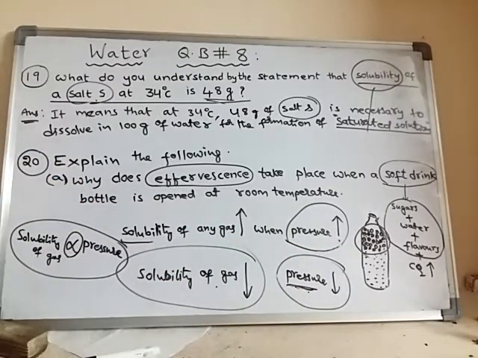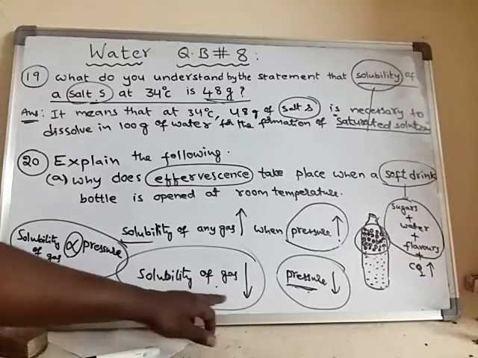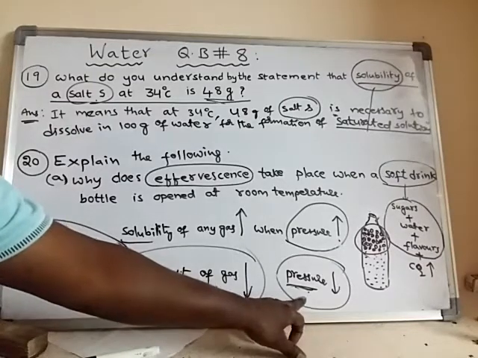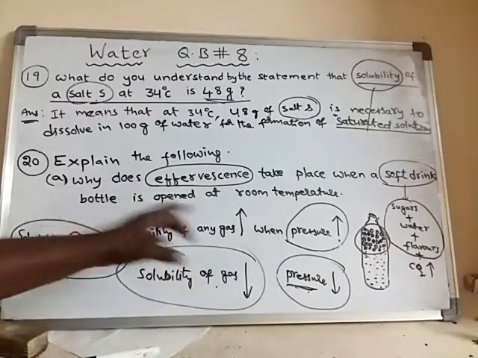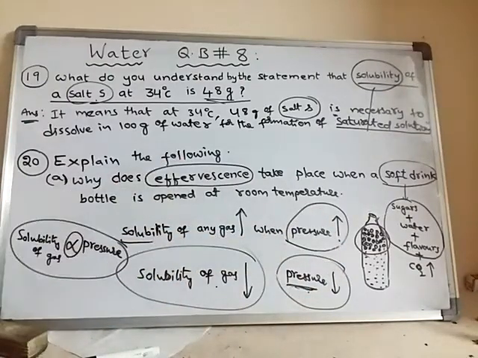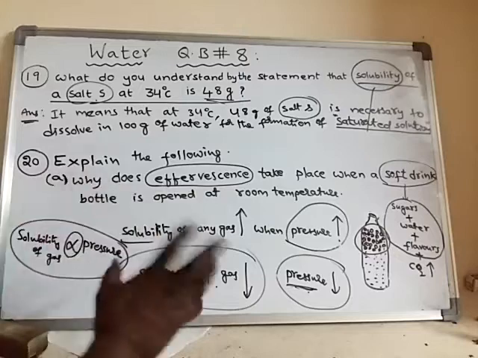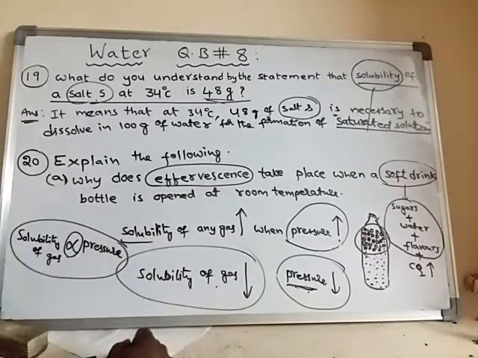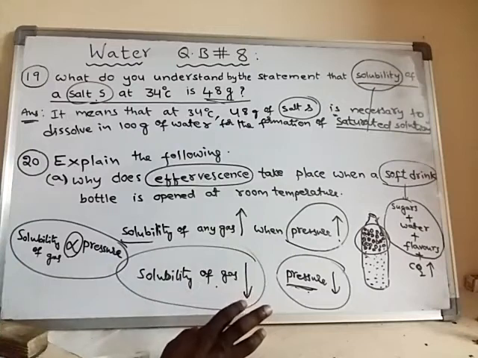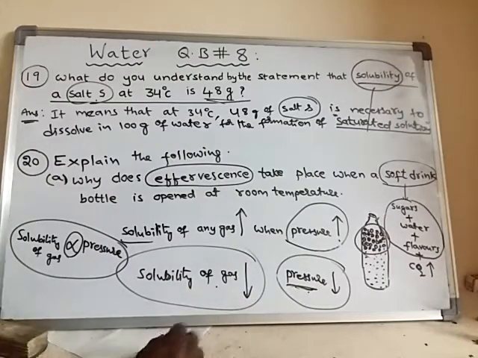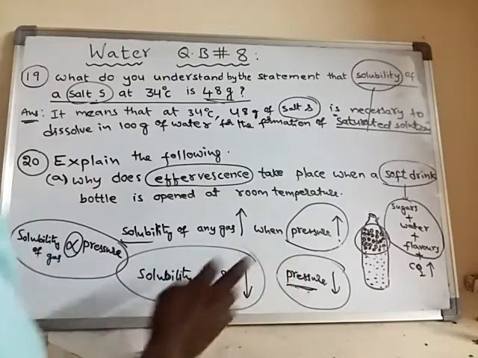So as the pressure is decreased, the solubility of gas decreases, and therefore the excess gas comes out in the form of bubbles. What is the reason for formation of effervescence? Decrease in the solubility of gas when pressure is decreased.